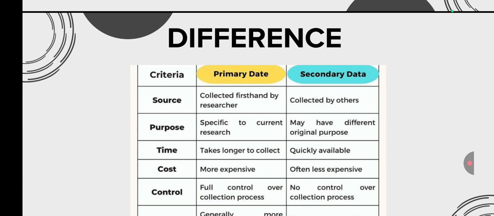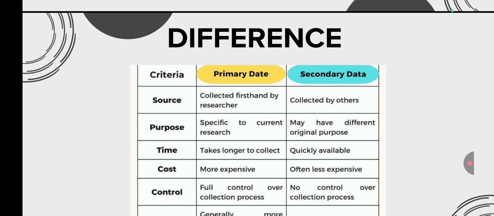Now, the difference between primary source of data and secondary source of data. First, about the source. The primary data is collected by the researcher for the first time, and the secondary one is collected by others and used by another person.